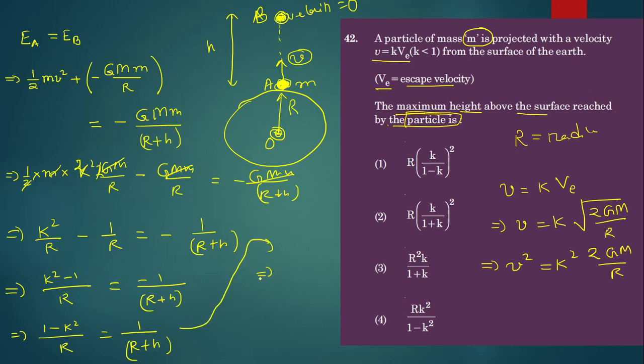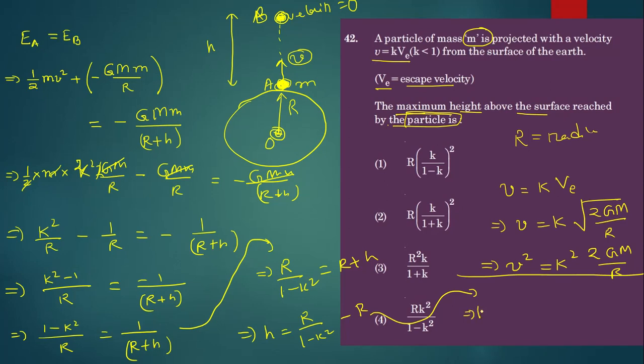Then let me take the cross product. So this will be equal to R by 1 minus k square equal to R plus H. Thereby the H will be equal to R 1 minus k square minus R. I will calculate here.